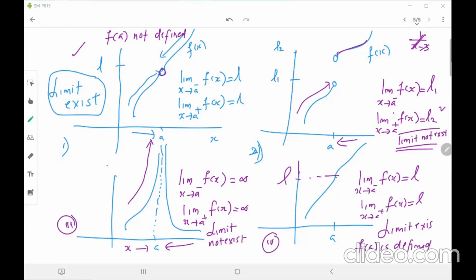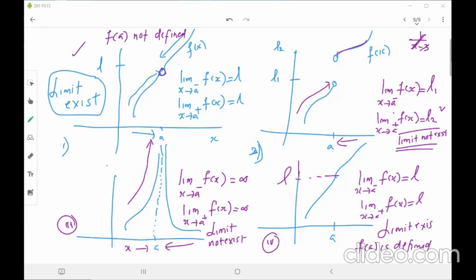That means whether f of a is defined or not, we can evaluate the limit. No issue. And if f of a is also defined, we give another name for that, which we will study later: we say it is continuous. Here we are not using that word. Here we are only saying whether the limit exists or not.